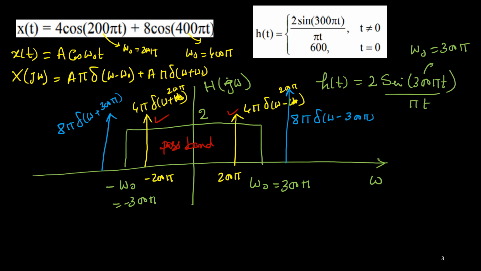As it is an ideal filter, there is no phase shift at all. So for the output signal you can guess that y(t) will be double the strength of this 4 cos 200 pi t, because of this multiplication by 2, so it will become 8 cos 200 pi t.